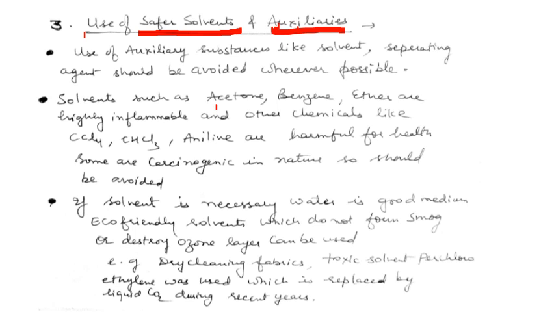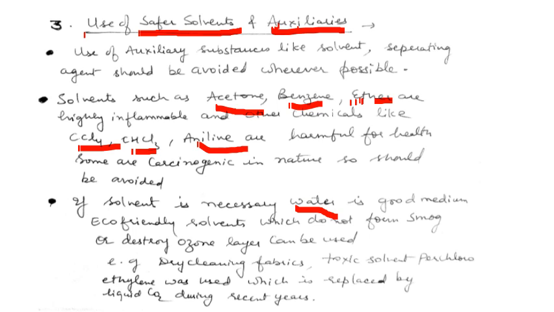Solvents like acetone, benzene, ether are highly inflammable and cannot be used. Carbon tetrachloride, chloroform, and aniline are also very harmful for health, carcinogenic in nature. They should be avoided.